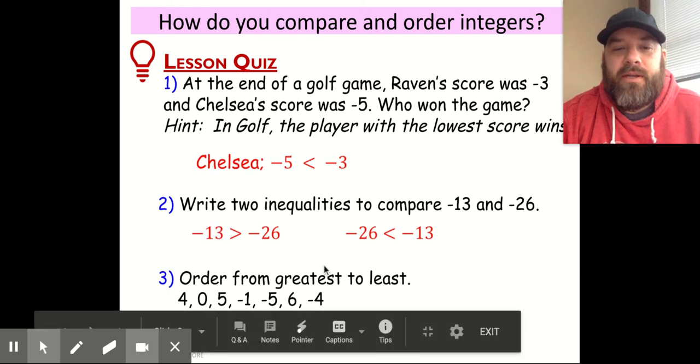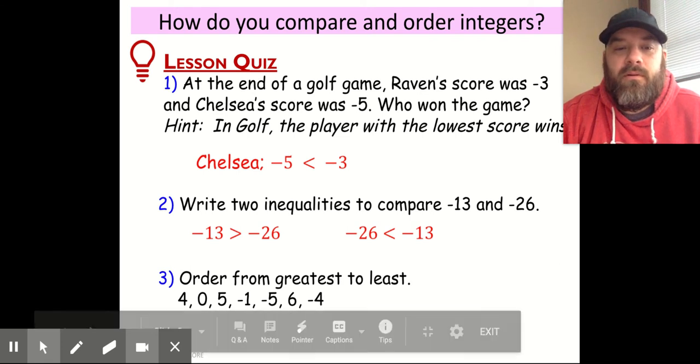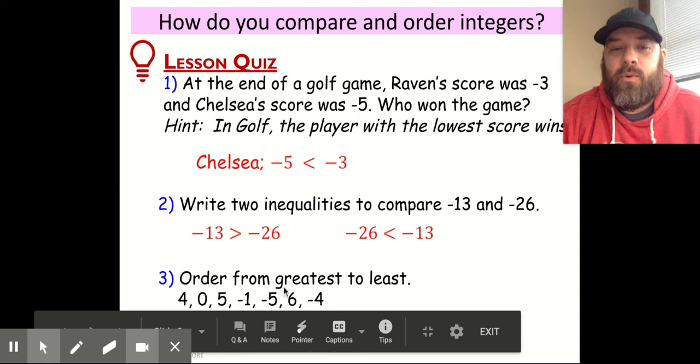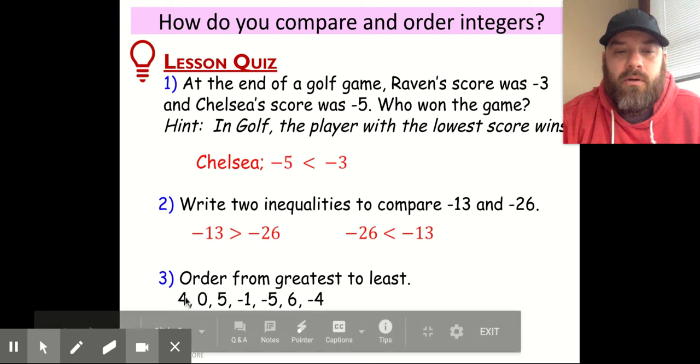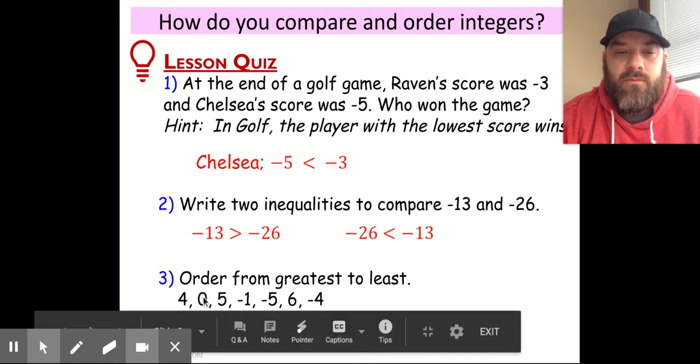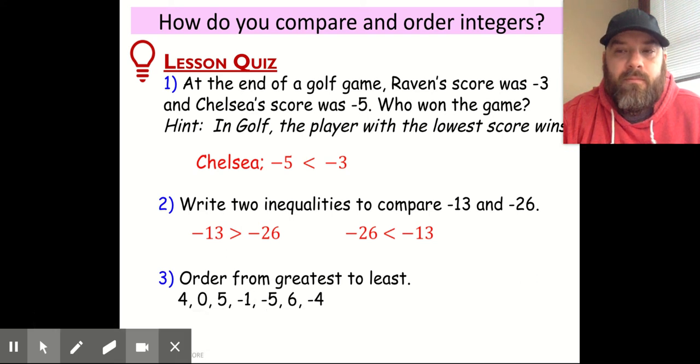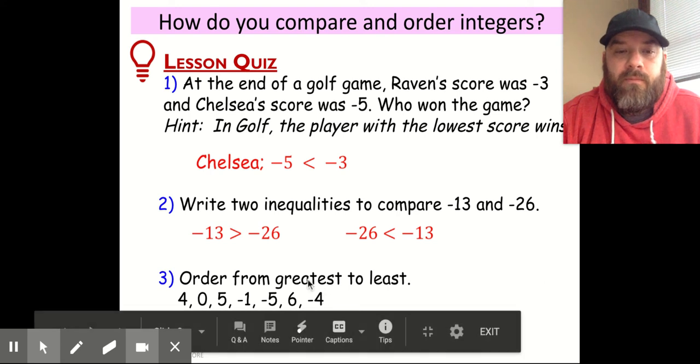So ordering from greatest to least, this last one here, we have -5. That's going to be farthest to the left. So we're doing greatest to least. So we're going to go with the biggest number first. I should have read that more carefully. Biggest number first. Biggest number here is 6. So we'd go 6, 5, 4, 0, -1, -4, -5.